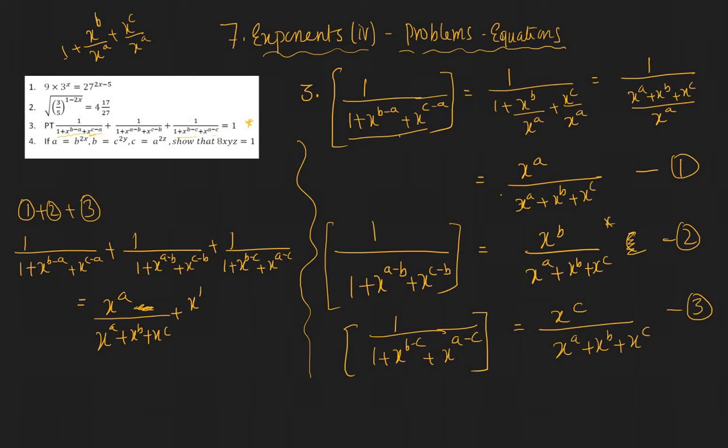and the same with x power b. You have the same thing here, and then you have one more term, x power c divided by x power a plus x power b plus x power c.